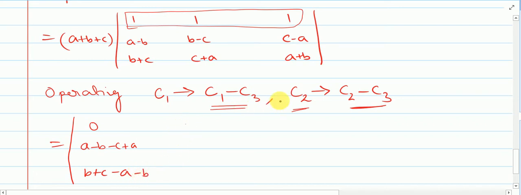And here also for column 2 this operation has to be done. So 0, and here b minus c plus a, and here c plus a minus b, and column 3 will remain as it is because column 3 is not operated over here.